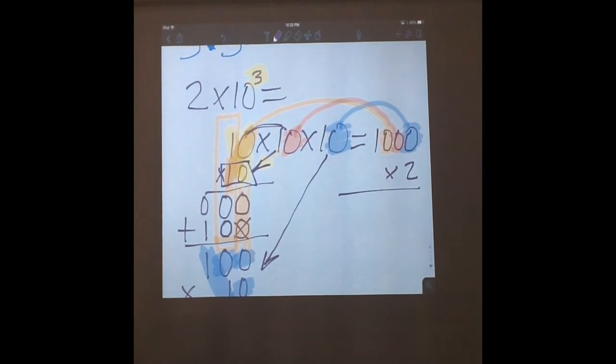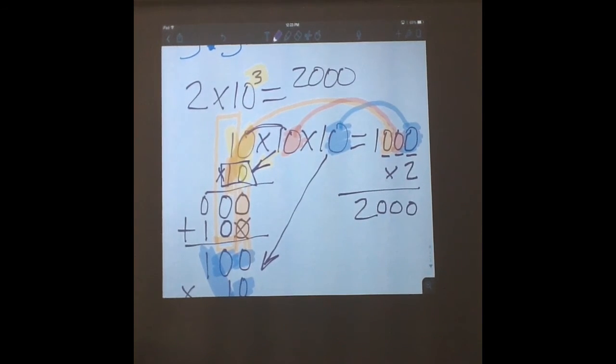Remember the easy way I showed you, right? 2 times 1 is what? 2. And how many zeros do I have? 1, 2, 3 zeros. The answer is 2,000. So we would put 2,000 up here, right? Does that make sense? Do you see how that works?